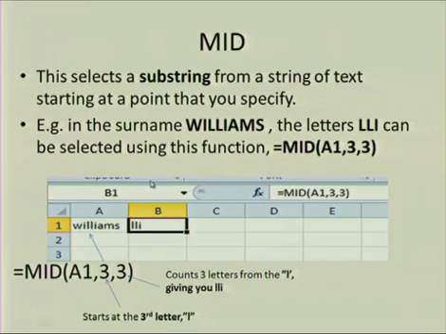For instance, let's look at this function. It says equals mid A1, comma 3, comma 3. So what that means, in A1, it is going to start at the 3rd letter, which in this case is the L, and it's going to count 3 letters from the L. So that would give you L, L, I. So the result is L, L, I. Let's put that into practice.